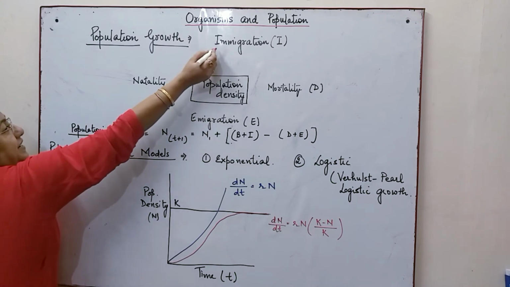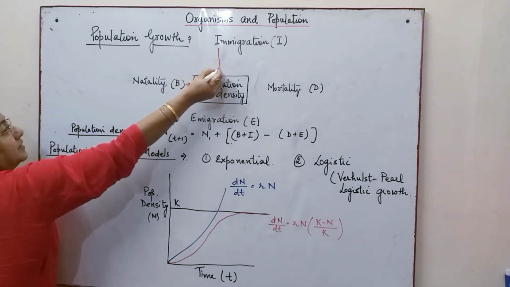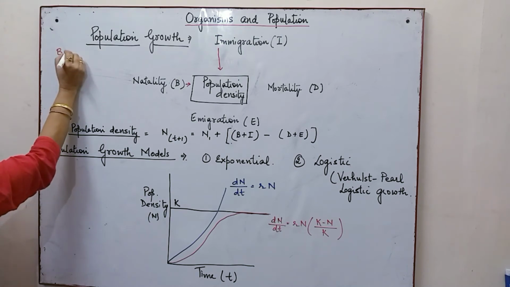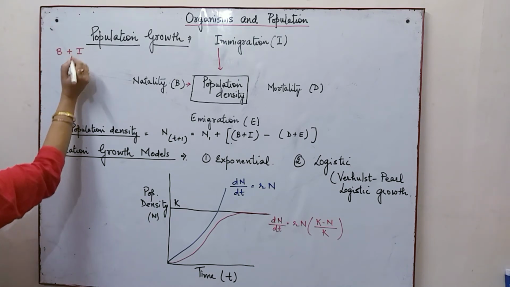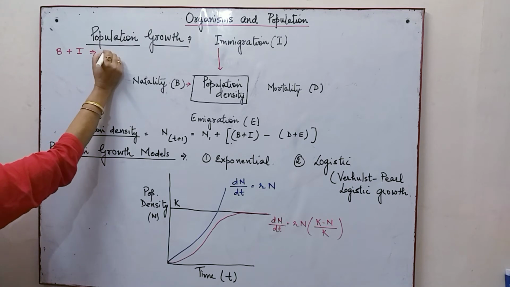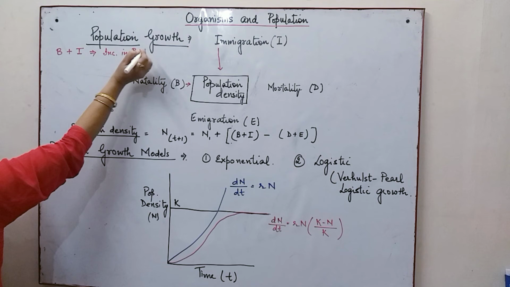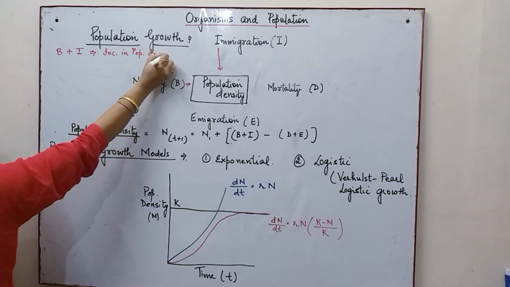Natality and immigration add to the population density. That means B and I cause an increase in population density.